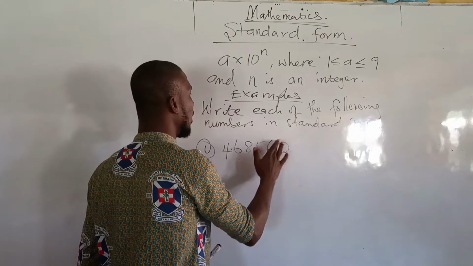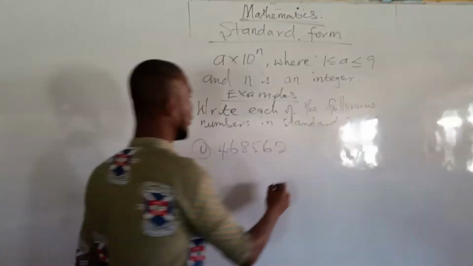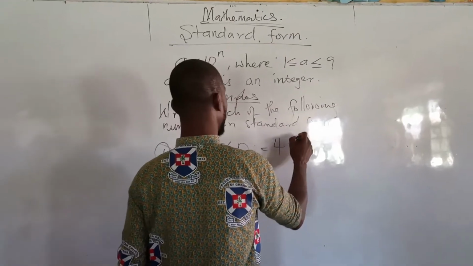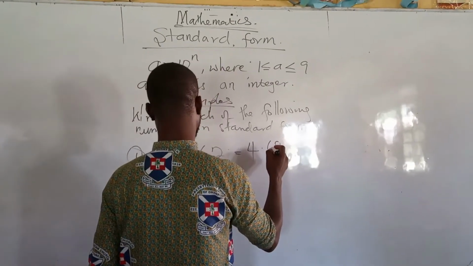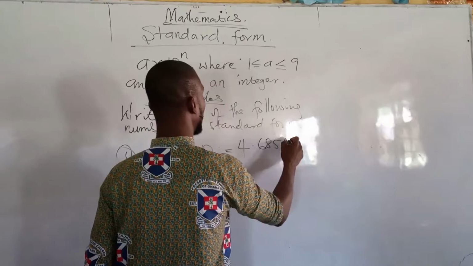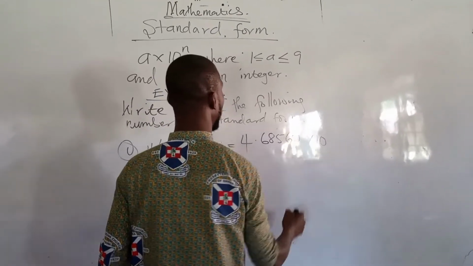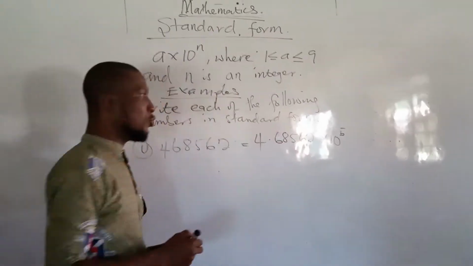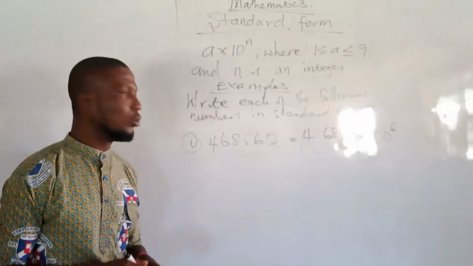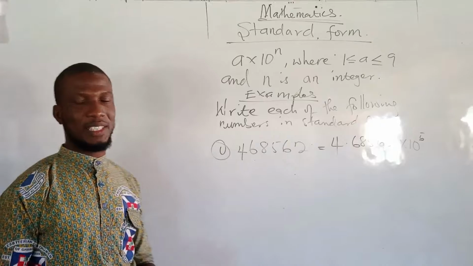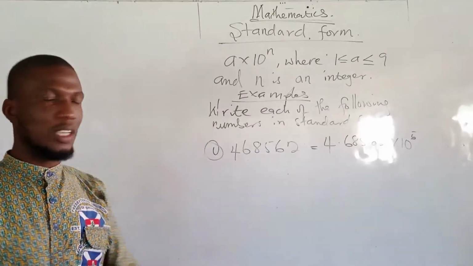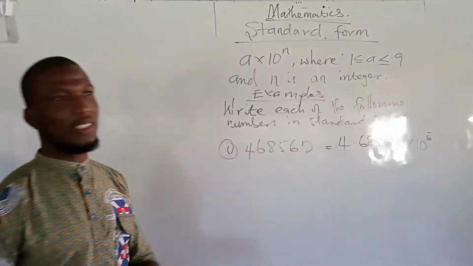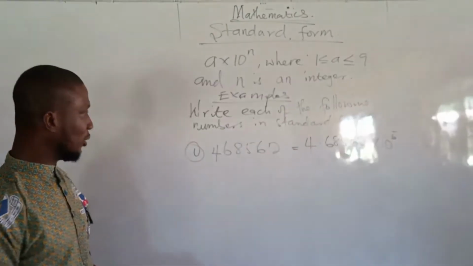So our number now becomes 4.68562 times 10 exponent 5, because we moved the point 5 times towards the left, and I said a movement towards the left gives a positive exponent, and a movement towards the right gives a negative exponent.